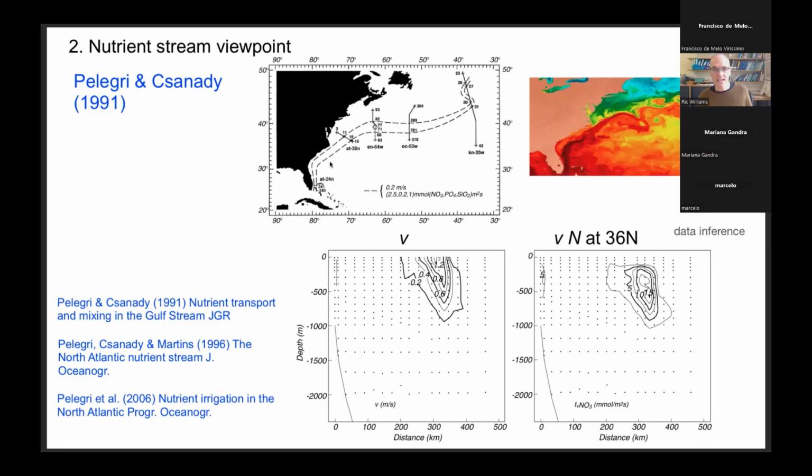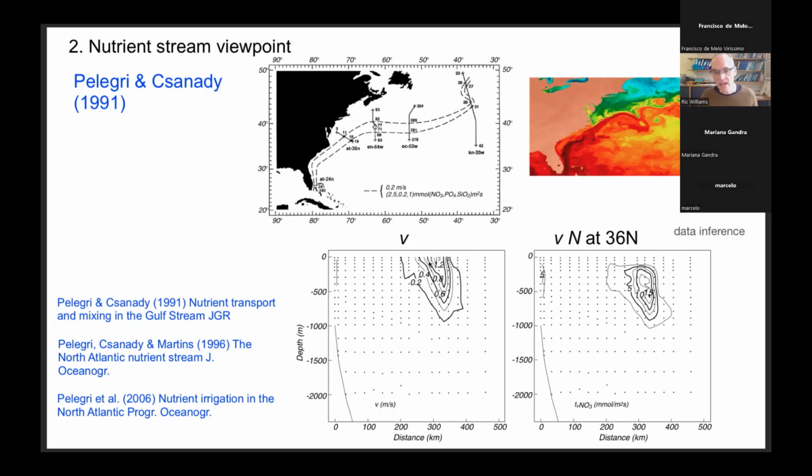What they did was take a series of sections across the path of the Gulf Stream, and this is a section running across at 36 North, and this is showing the high velocities associated with the Gulf Stream.